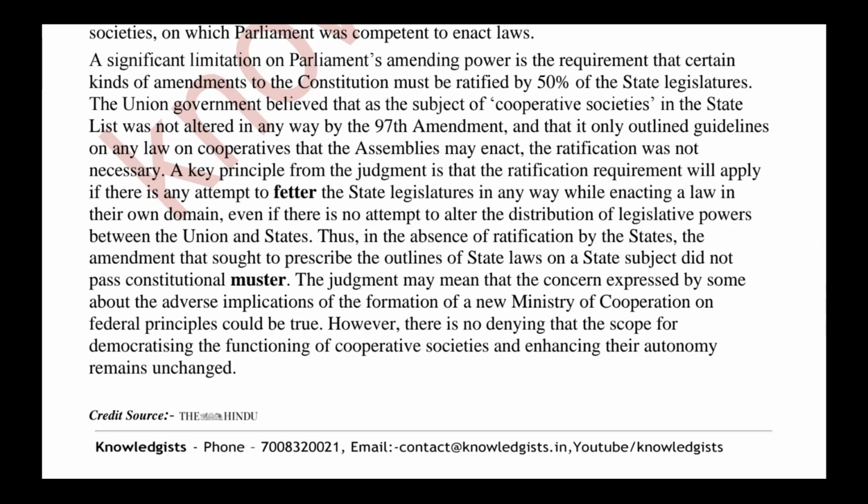Thus, in the absence of ratification by the states, the amendment that sought to prescribe the outlines of state laws on a state subject did not pass constitutional muster. So what has been said? What does constitutional muster mean? In the absence of ratification, the consent of the states, the amendment seeking to prescribe the outlines of state laws did not pass constitutional muster.